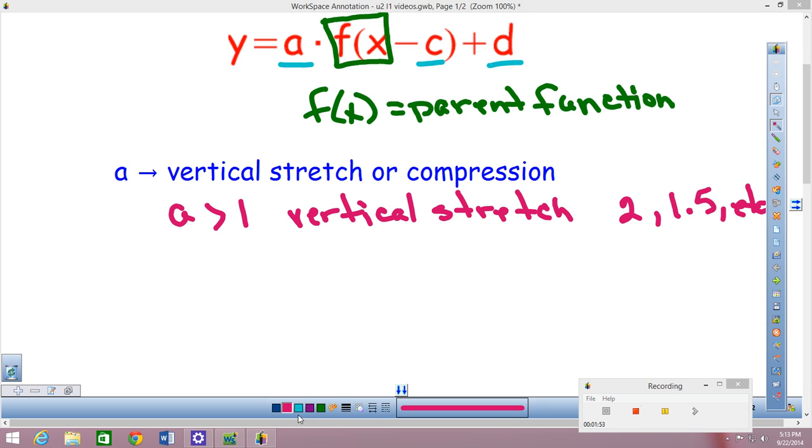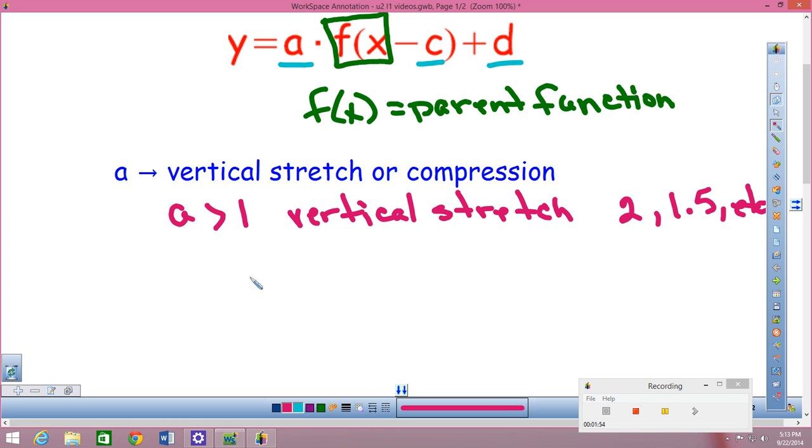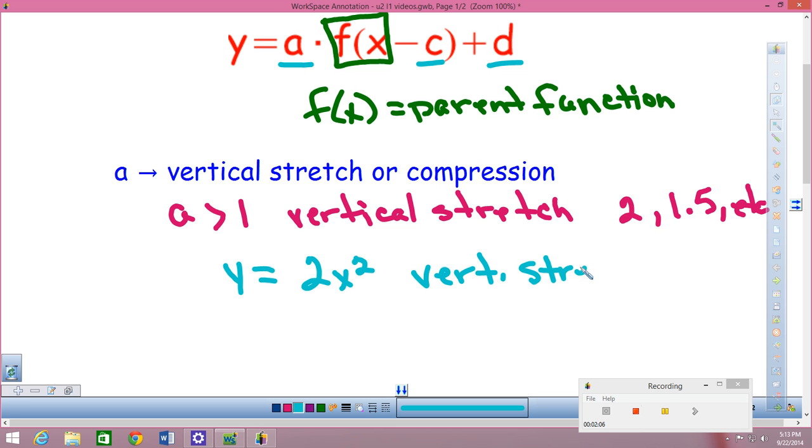For example, y equals 2x squared. That is a vertical stretch by a factor of 2. What that means is that my graph is 2 times taller than it used to be.